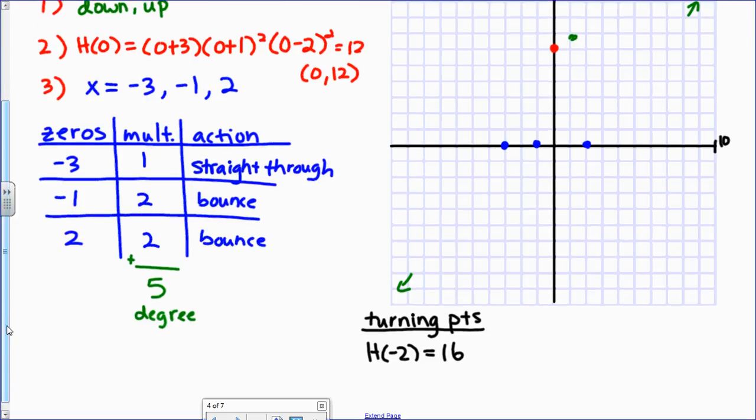Okay, so that's -2, 16. And then between -1 and 2, halfway would be 0.5. That would be 1/2. Plug that in, and we get a decimal. It's 17 point something, 17.7.